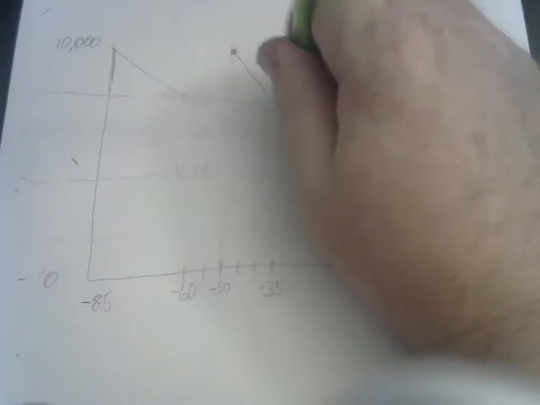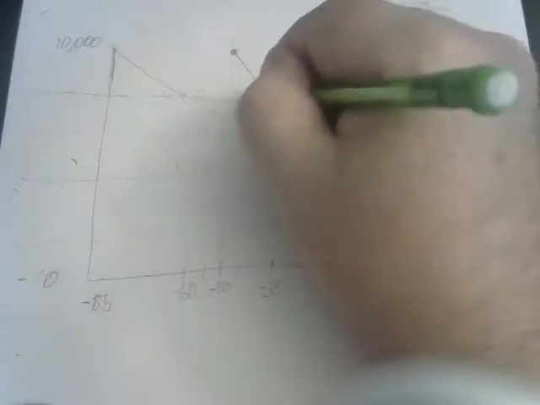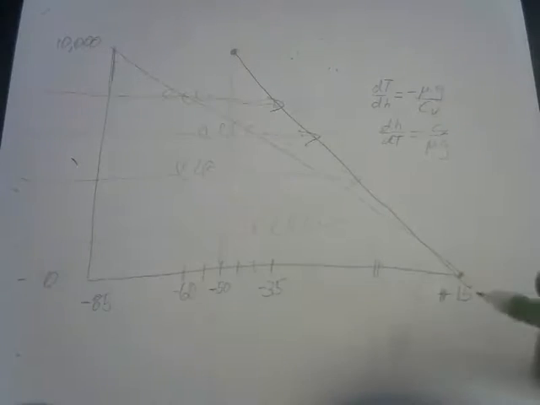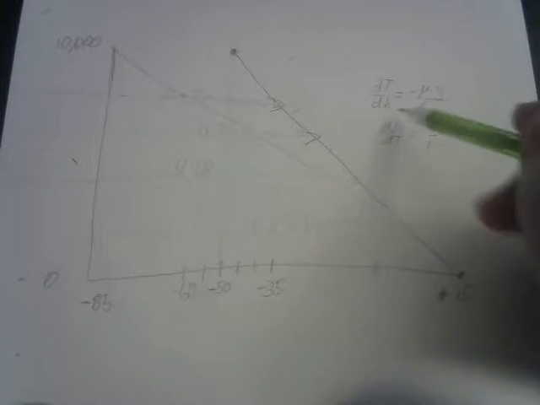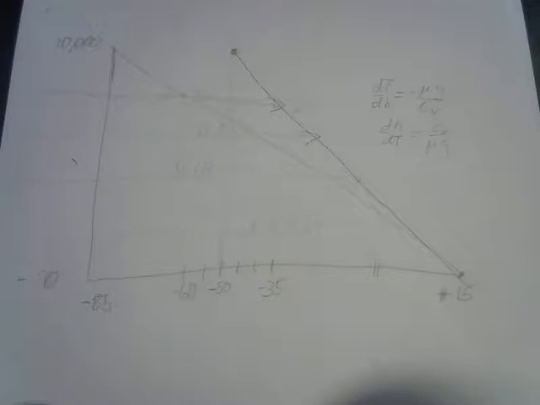Possible, maybe. Maybe there's a little bit of energy coming in from the sun that's causing the temperature in the atmosphere to be a little bit hotter than would be predicted by just this equilibrium case that dT/dh equals negative mu g over c sub v. Maybe.